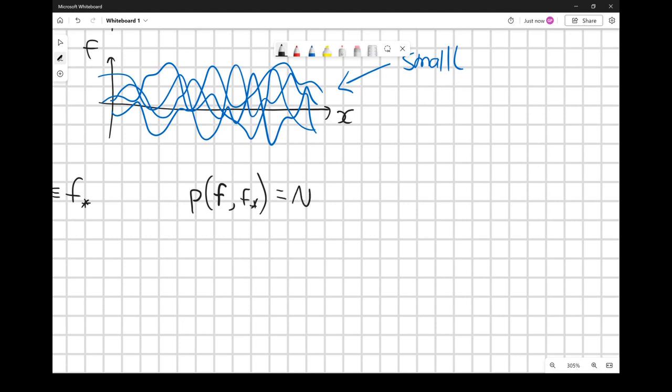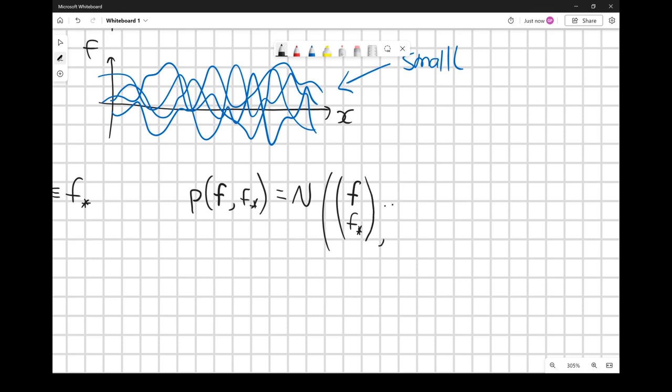And we follow the rule that we've specified when we defined our kernel. So the prior over the concatenation of f and f star has, as an argument, this n by 1 vector and this scalar concatenated together.